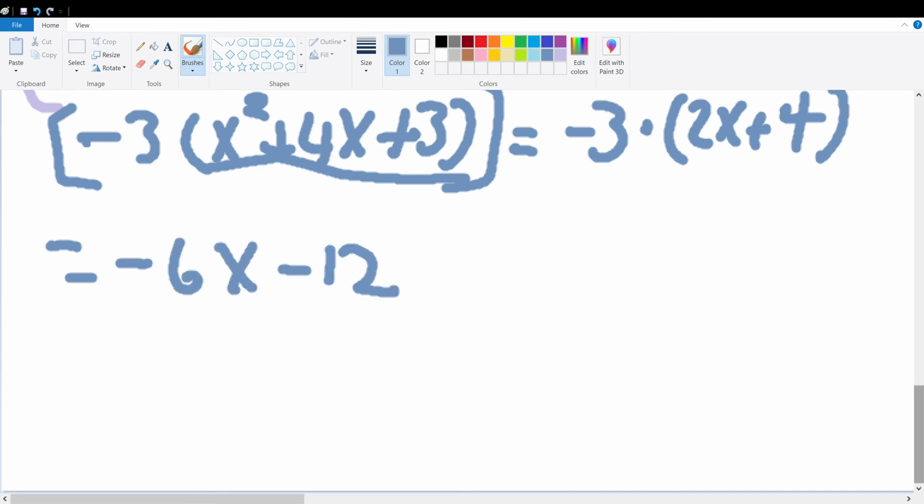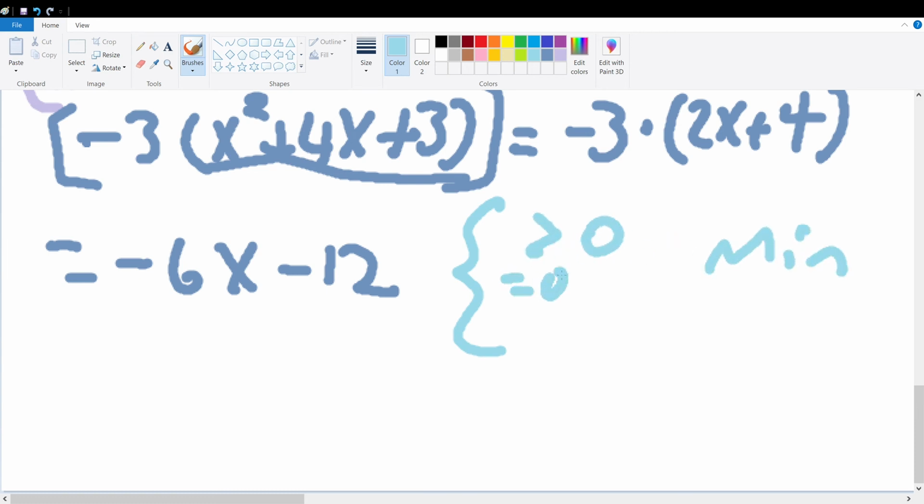Now that we have this, we know the rule: plugging in x, if the result is greater than 0, that means it's a minima. If it's equal to 0, that means it's a changing point. And if it's less than 0, that means it's a maxima.